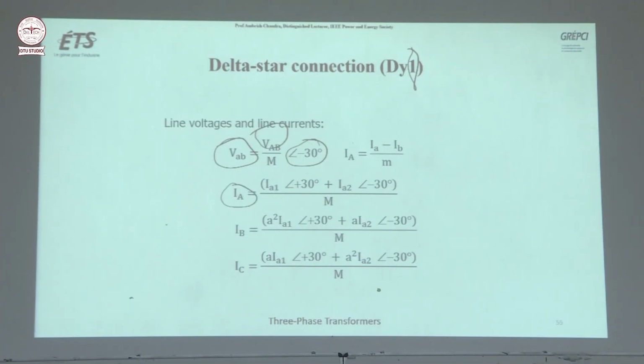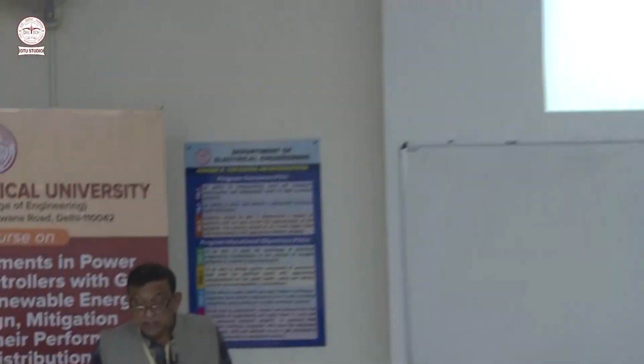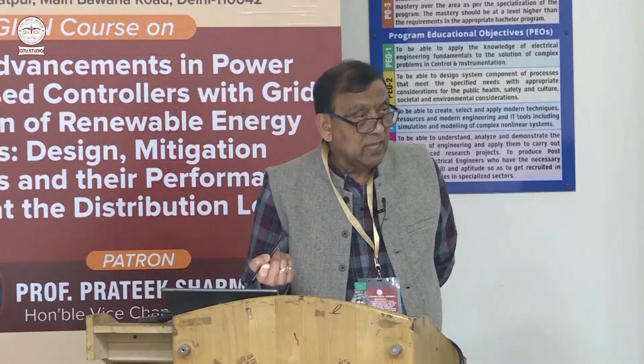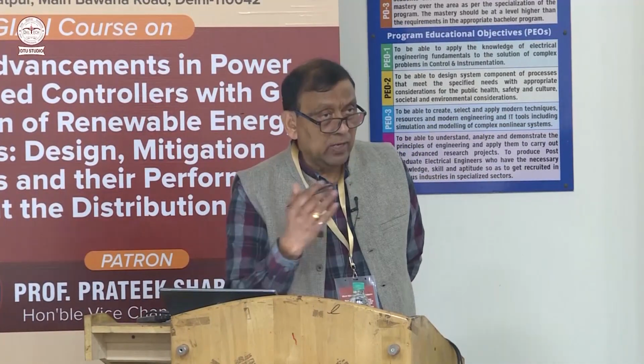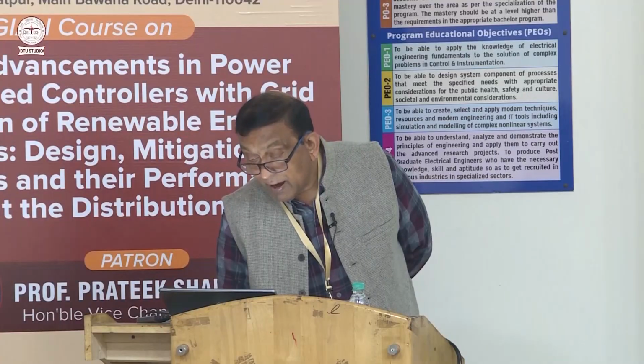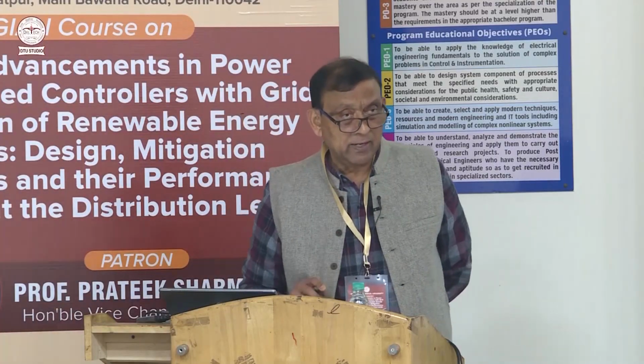Now if you see the line side current of the DY1 transformer, if you have positive sequence current, then it will have plus 30 degree. It means the 7th harmonic will be shifted by plus 30 degree, while the 5th harmonic will be shifted by minus 30 degree.